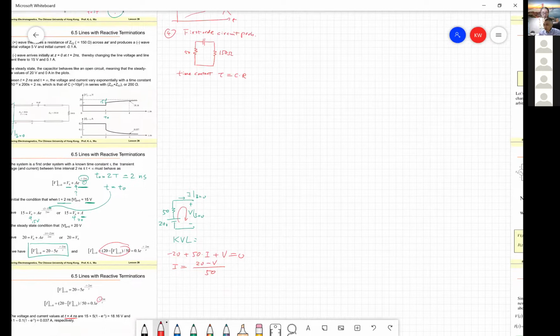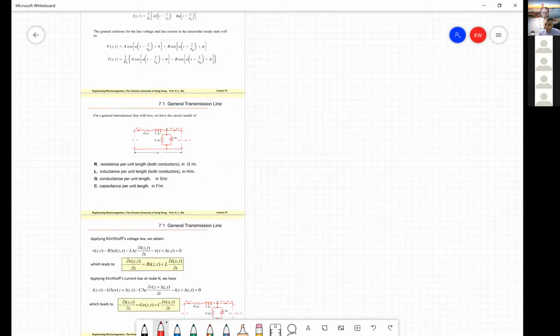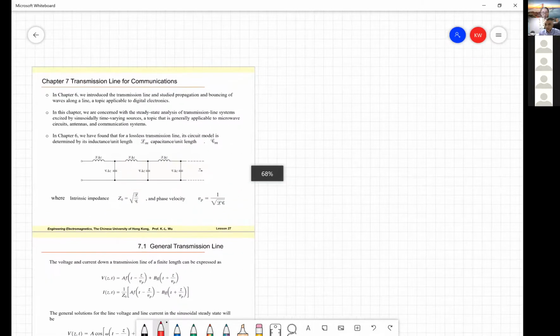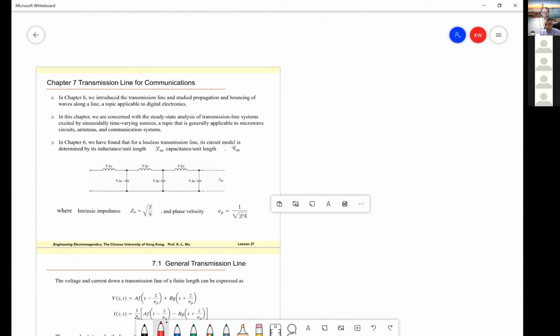Now, let's move to the next chapter, the transmission line for communication. When we deal with digital circuit, we pay attention to time domain analysis. But when we do transmission line for communications, we are interested in the response in the frequency domain.